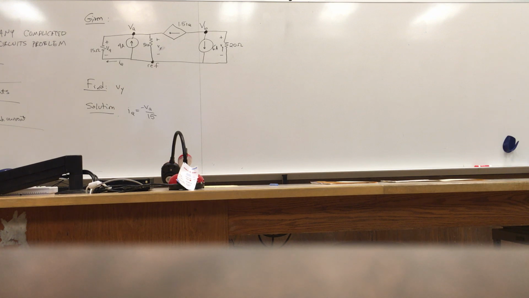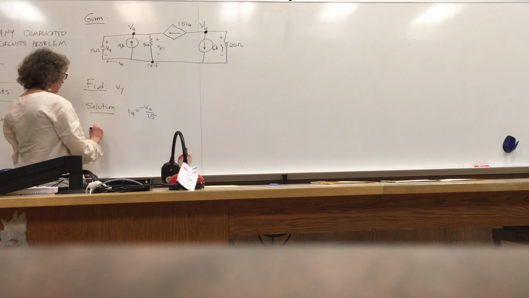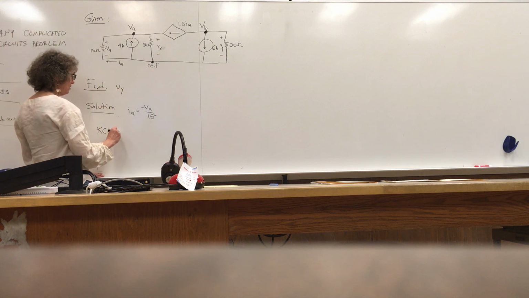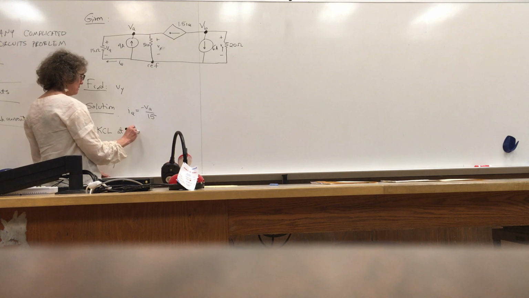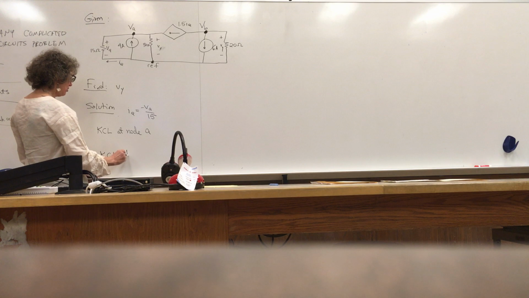All right, so I don't have to do Kirchhoff's current law here, but I do need to do Kirchhoff's current law at node A, and I'll have to do Kirchhoff's current law at node B.